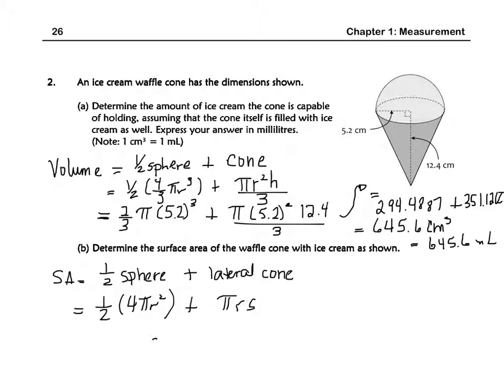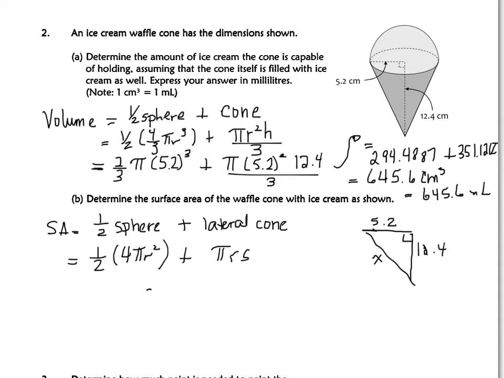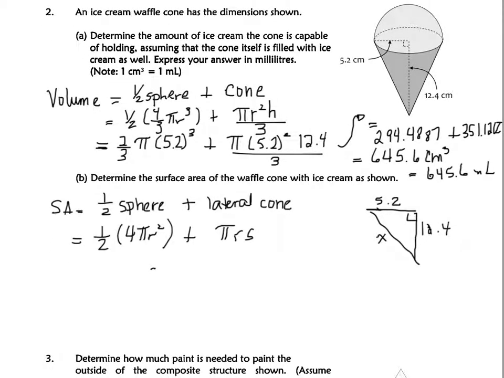Now we don't have the slant height, so we're going to have to do a little calculation first, because if this is 5.2, and this is the right angle, and this is 12.4, then we know that this here can be found using the Pythagorean theorem. So that's going to be 5.2 squared plus 12.4 squared equals x squared.